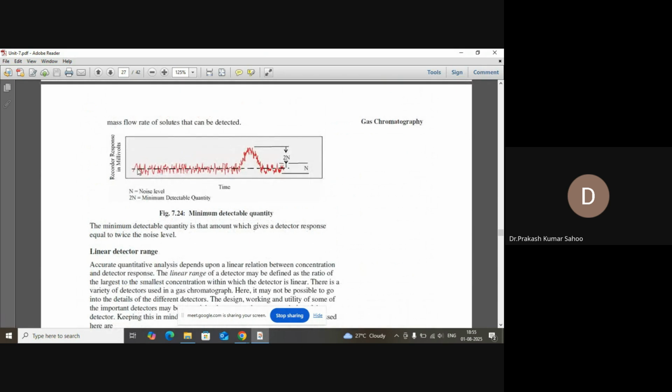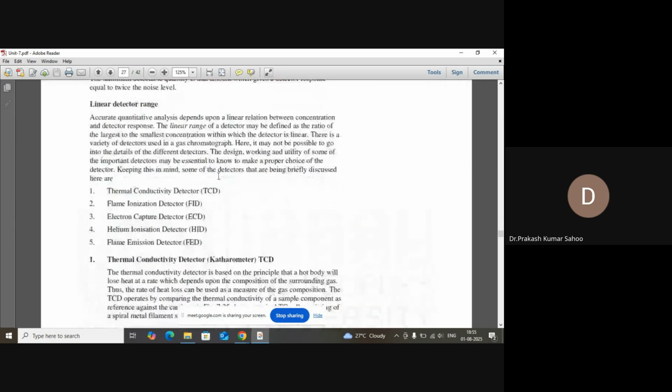So these are all electrical signals that come from the different components supplied from the sample. And we have the linear detector range: thermal conductivity detector TCD, flame ionization detector FID.